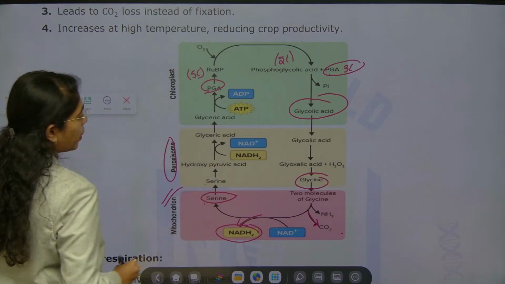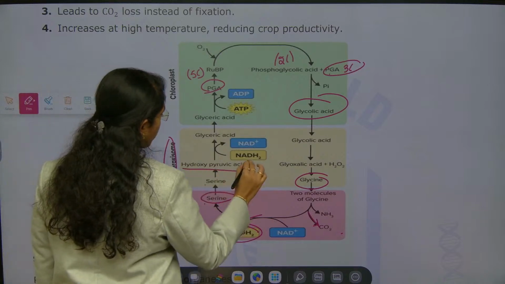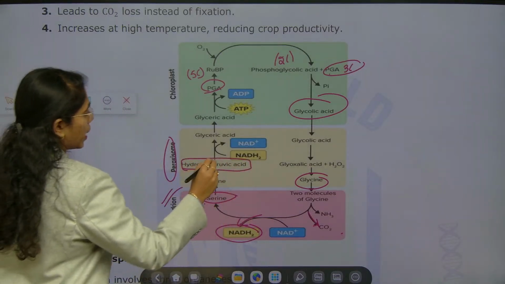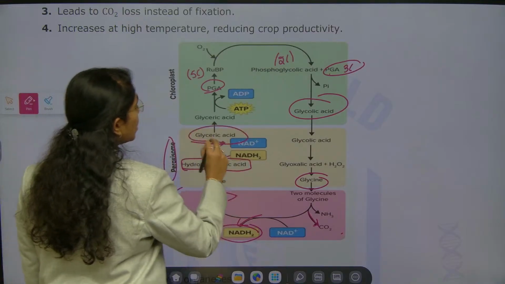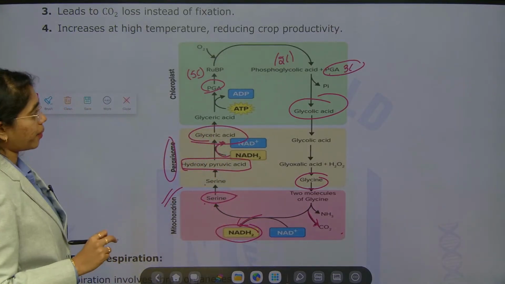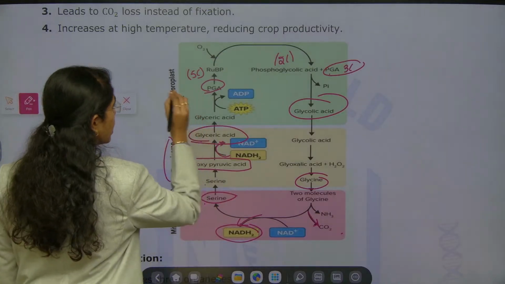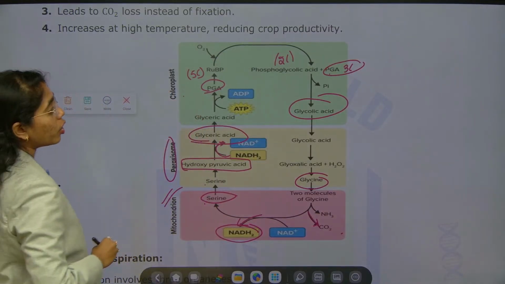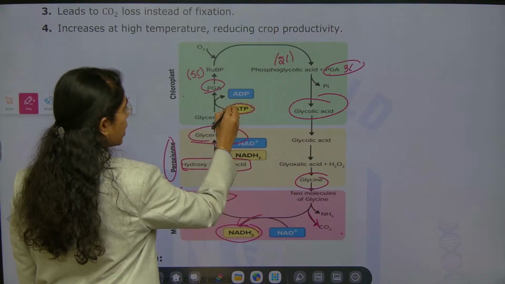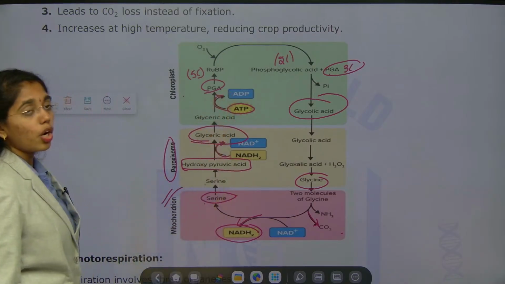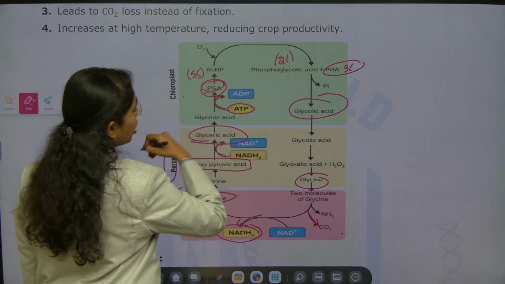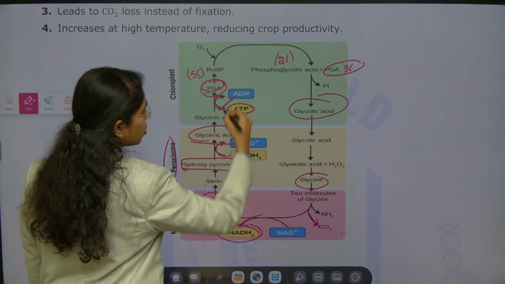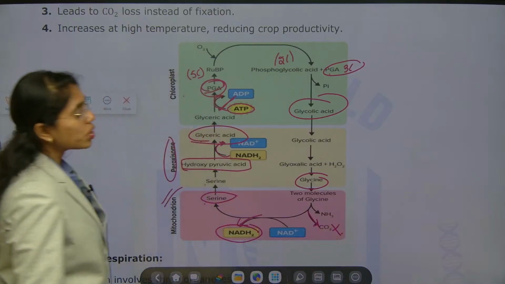Serine enters the peroxisome, converts to hydroxypyruvic acid where NADH is utilized in this process and it is releasing glyceric acid or glycerate. Glycerate enters chloroplast, undergoes phosphorylation where ATP will give up that phosphate group and phosphoglyceric acid is formed. So here if you can see, energy is utilized, carbon dioxide is released.